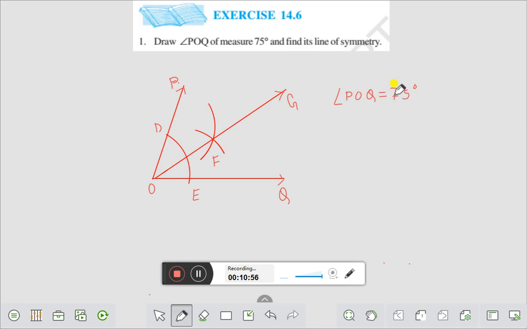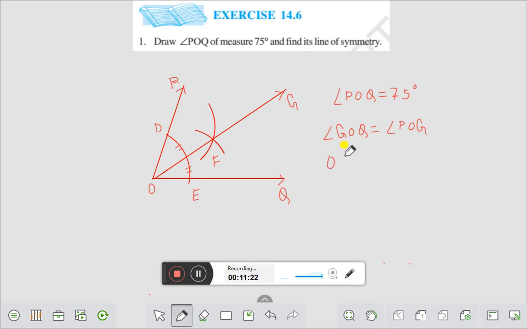And you have to find this line of symmetry. Line of symmetry means you have to draw the angle bisector. Here this angle will be equal to this angle, that is angle GOQ is equal to angle POG. Therefore both the angles are equal, right? Therefore we say the line of symmetry is OG.